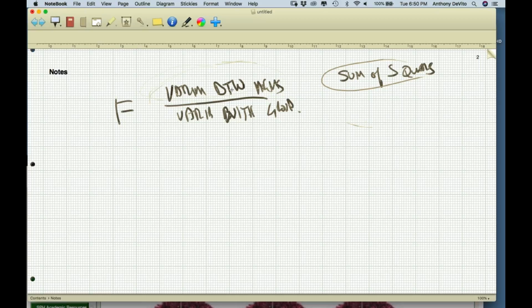We're going to take that, square those numbers, just like we did when we calculated variance and standard deviation, add them up and put them up here as the sum of squares. The only problem is that when we do that, that creates a very large number, because especially at the bottom, we're going to be dealing with a lot of individual values in the samples. So we're going to divide by the degrees of freedom.